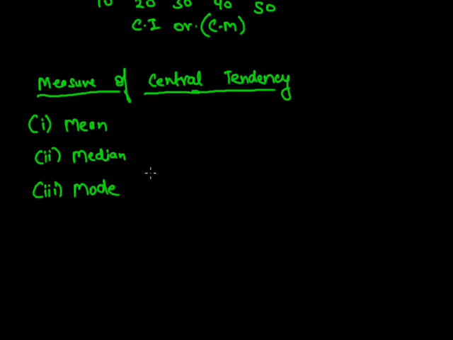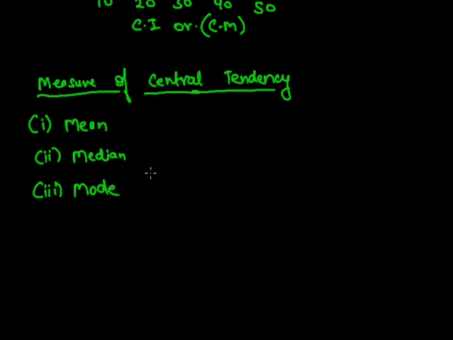If numerical data is given, then we can find the mean, median, mode, anything. But if the data is not numerical, suppose the quality of something is given, it means the data is not numerical. In that case we cannot find the mean. In that case we only find either the median or the mode.